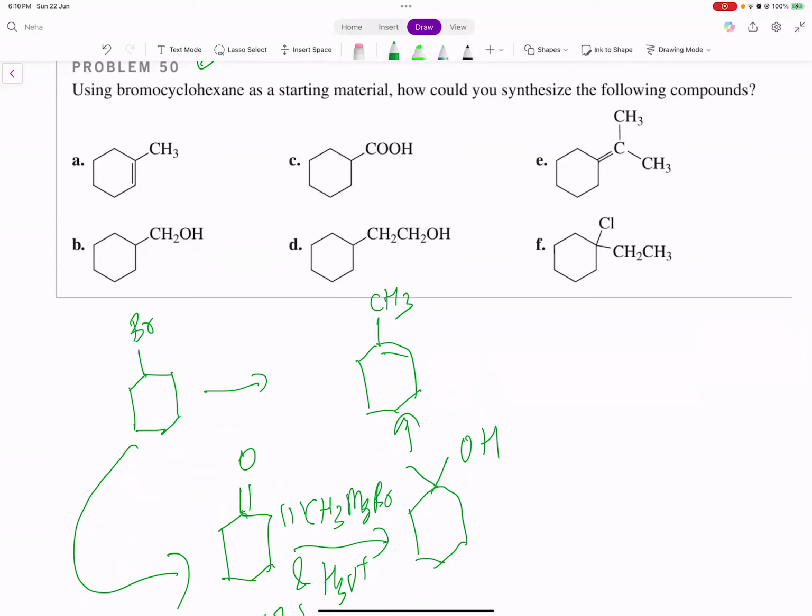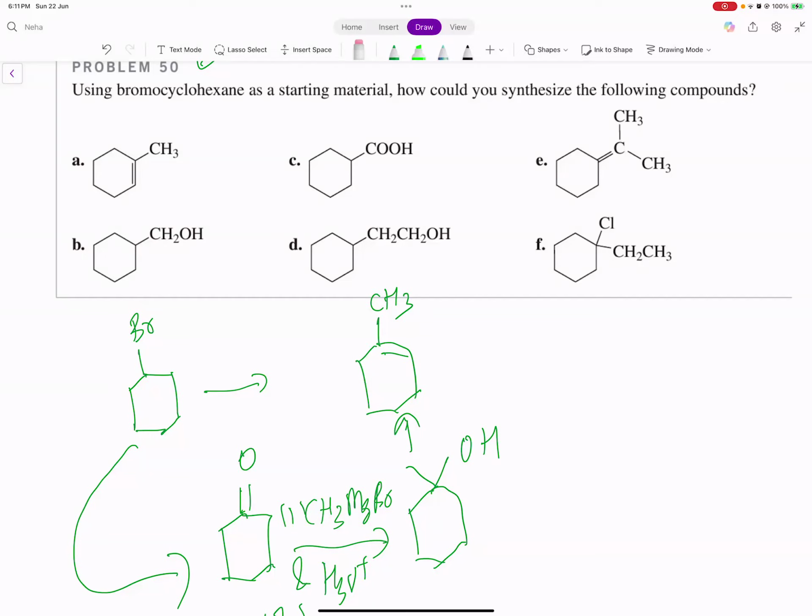After tautomerizing, it became a ketone. From bromine, how did it? Again, we can do a different thing also.